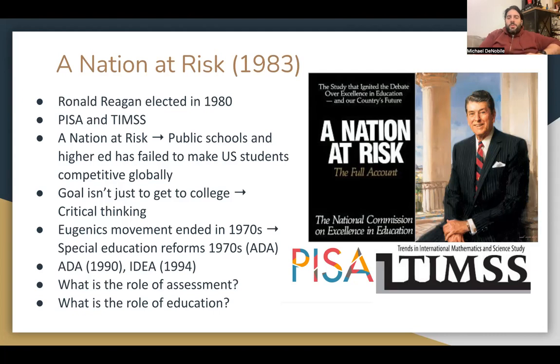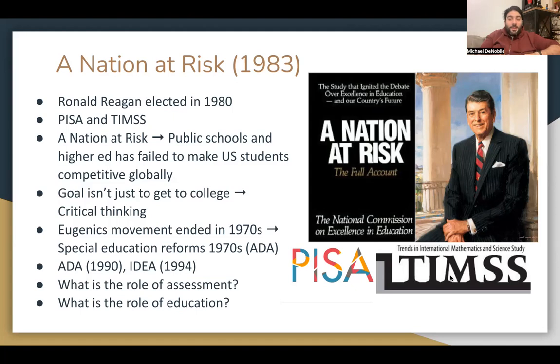So two tests that I want you to look up are the PISA test and the TIMSS test. These two tests were developed, if I'm not mistaken, in the late 70s, and we get our first real results. These two tests are international tests. They test to see the trends of education internationally.